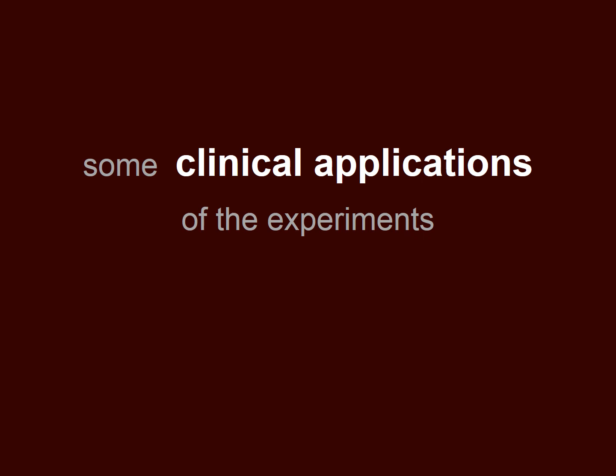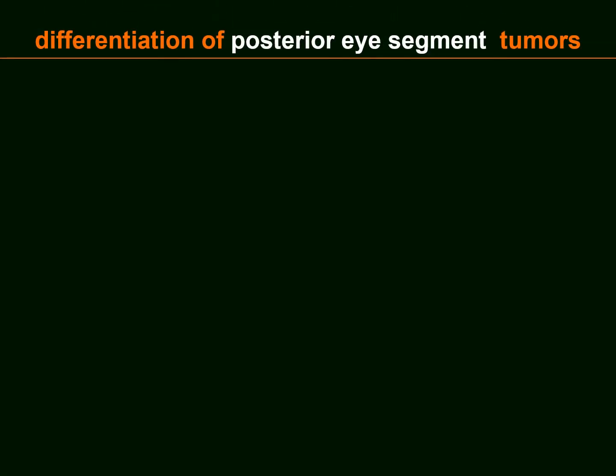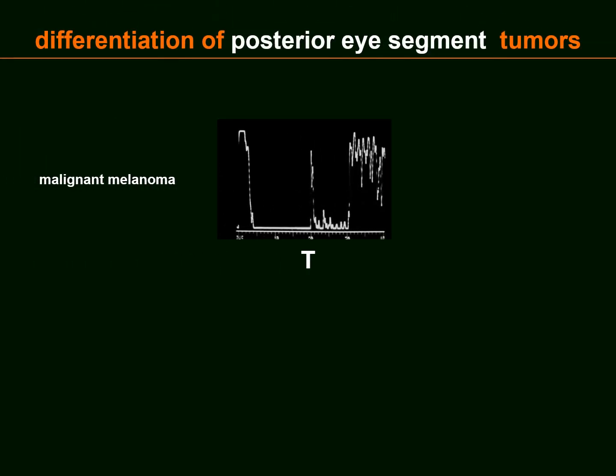On the basis of these experiments, we can look at some clinical examples and apply our results. In the differentiation of tumors of the posterior eye segment, we have here again a malignant choroidal melanoma at tissue sensitivity, low spikes.